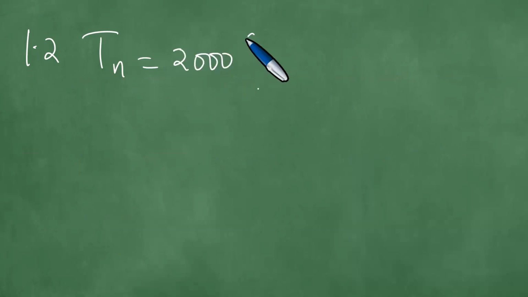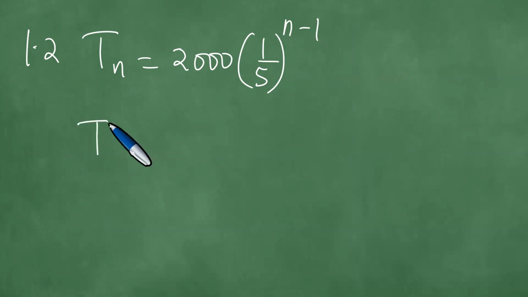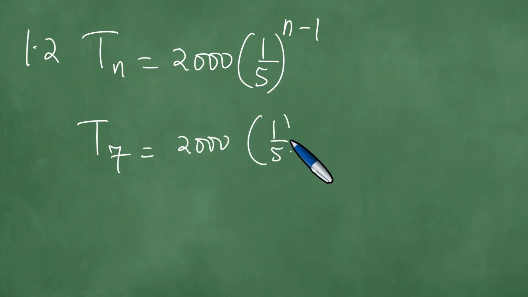So obviously in 1.2, you already know from the previous question that we already have Tn, which is 2000 into 1/5 to the n minus 1. So now to get T7, wherever there is n, you replace n by 7.